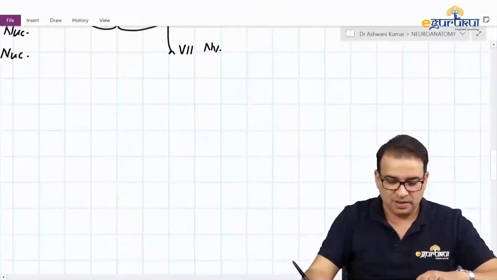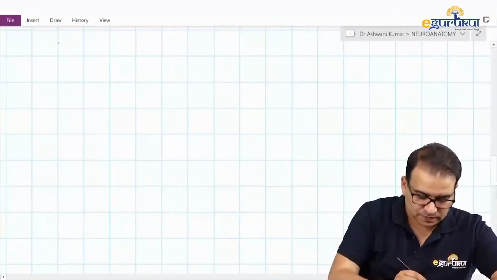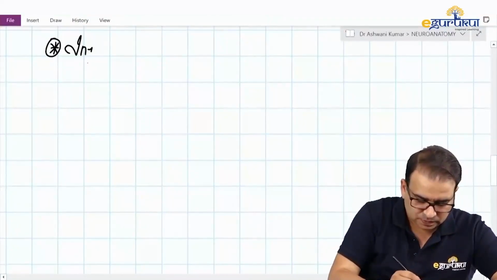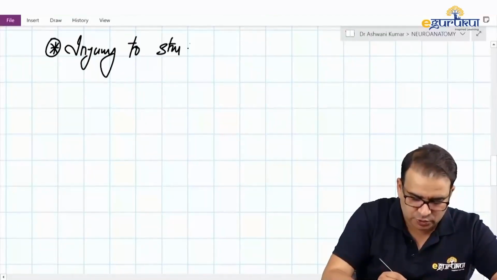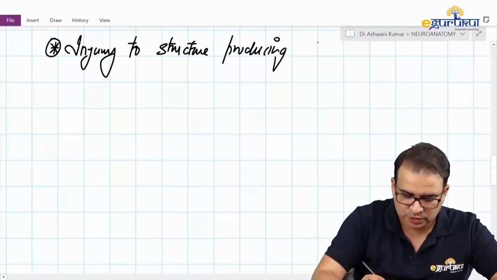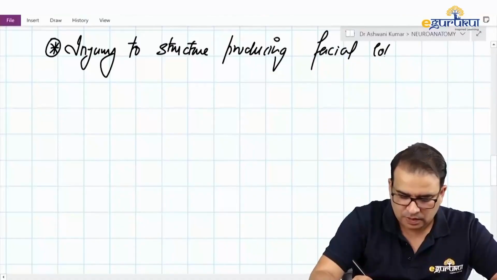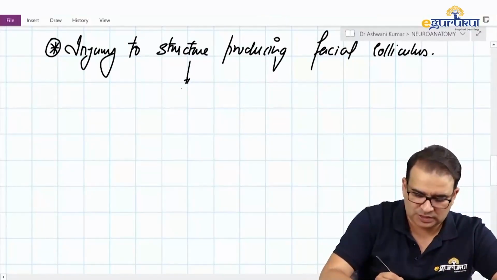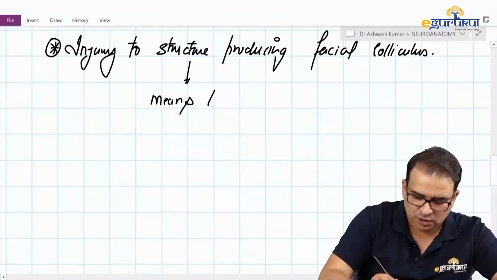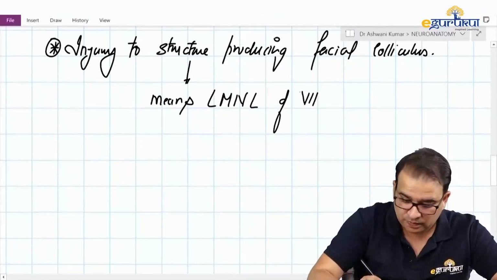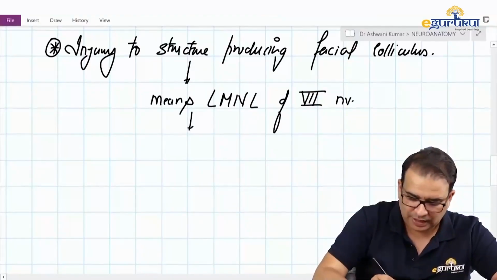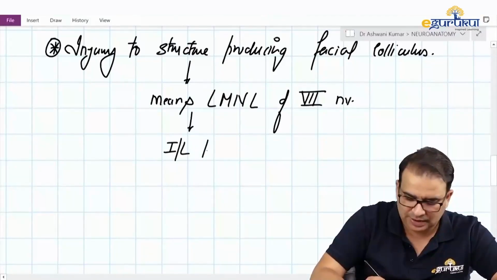So let me write this point here: if the question says injury to the structure producing the facial colliculus, it means lower motor neuron lesion of the facial nerve. And that, as we already know, will lead to ipsilateral facial paralysis.